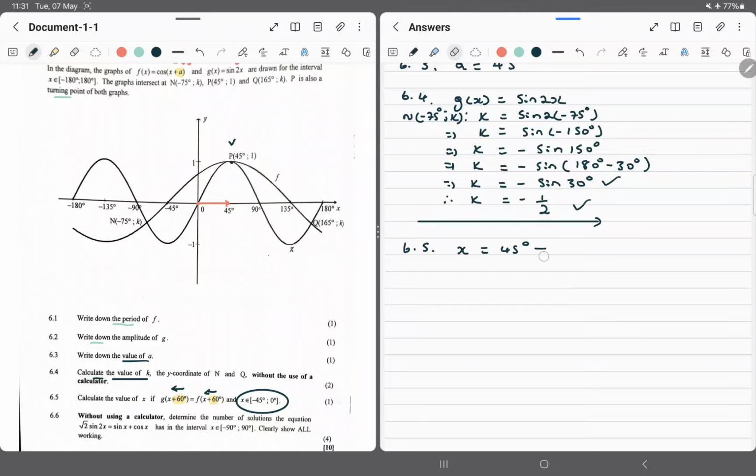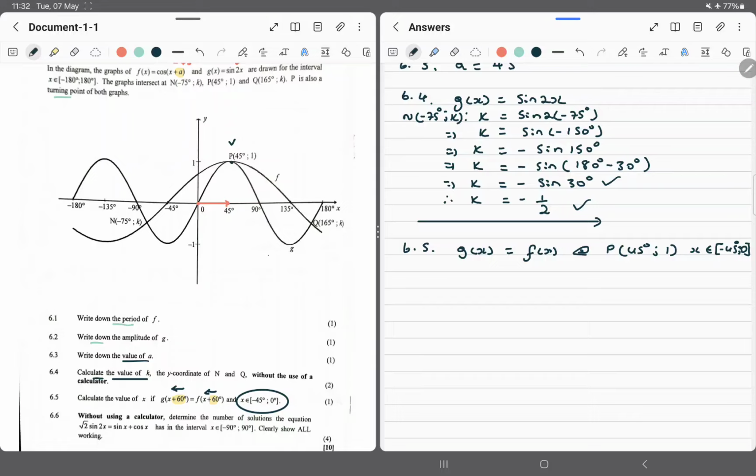When we shift a point directly, we can see in the equation it comes out as positive, but directly when we take a point, maybe let's start by saying that g of x is equal to f of x at point P, which is 45 degrees, is equal to 1, when x is an element of minus 45 and 0. Okay? That is the story.